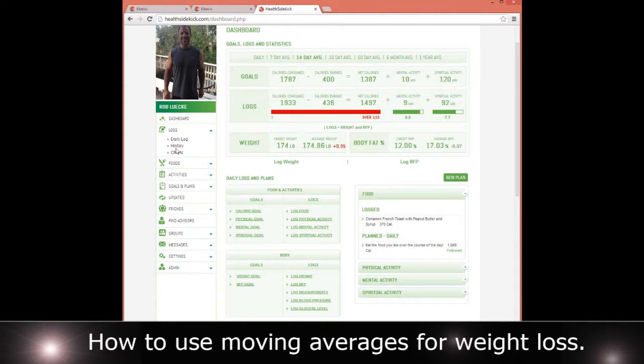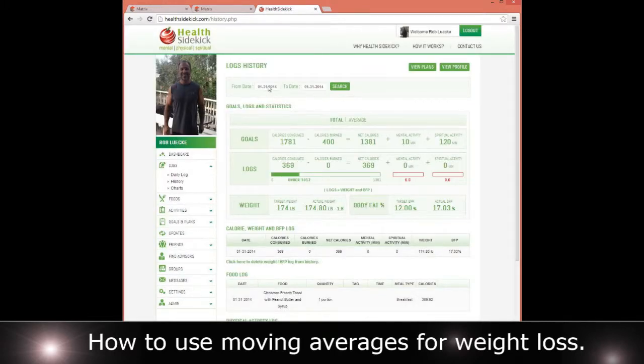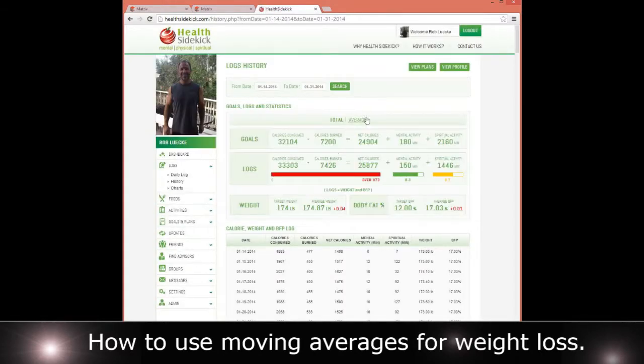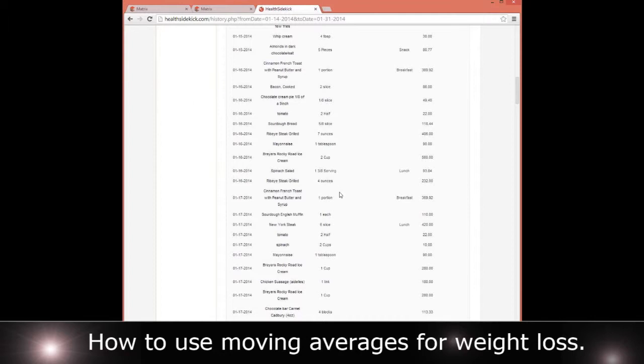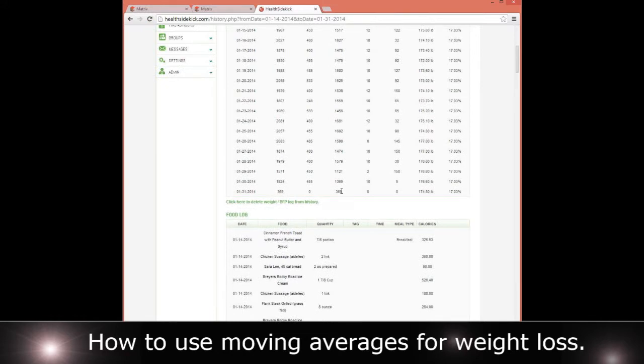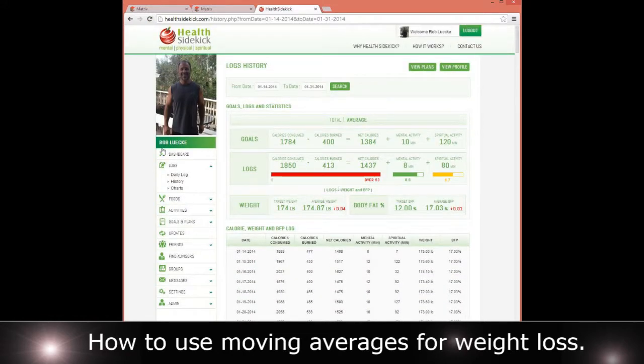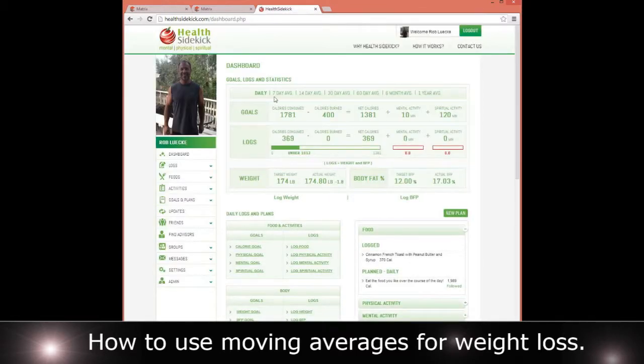When I evaluated this and looked at my historical log, I can easily do that by saying, okay, the last 14 days, I want to see what happened, and I can search, and then I can click on my averages and see the foods I was eating. I'll notice as I go through here, I actually was eating a new ice cream that it looks like has more calories in it than was stated on the carton, which translated into about 200 to 300 calories more each day, which translated into the overall weight loss.